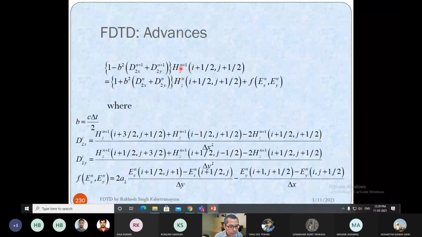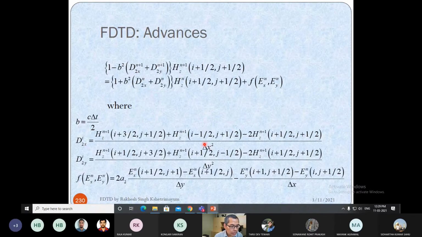So if you want to get Iz at n plus 1, you substitute equations 1 and 2 into equation 3. This is the final equation: (1 minus b square (d2x at n plus 1 plus d2y at n plus 1)) Iz at n plus 1 at i plus 1/2, j plus 1/2. What is b? b is a constant, c delta t by 2. What is d2x? d2x means double derivative with respect to x, so there is a delta x square here.